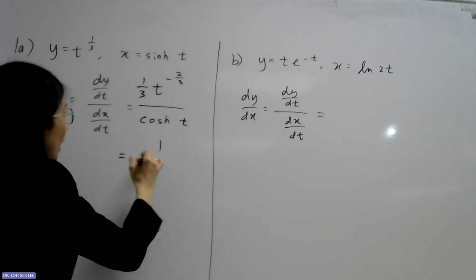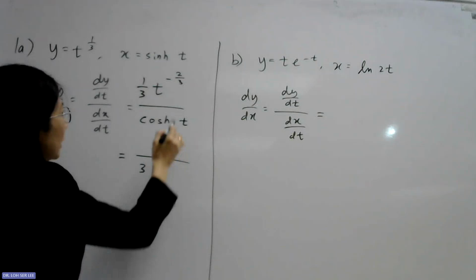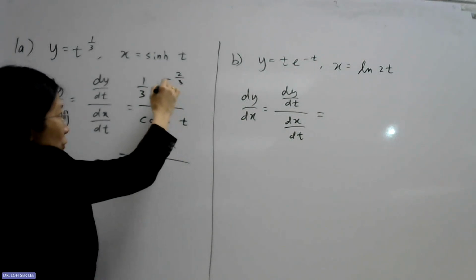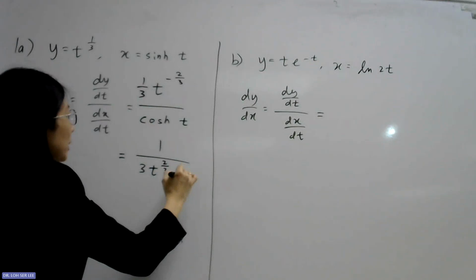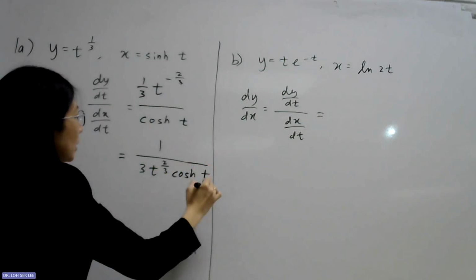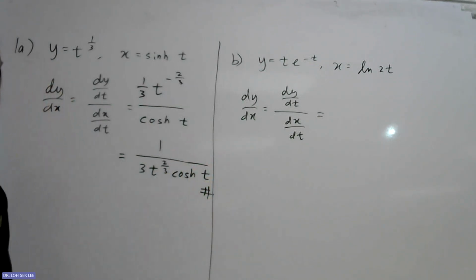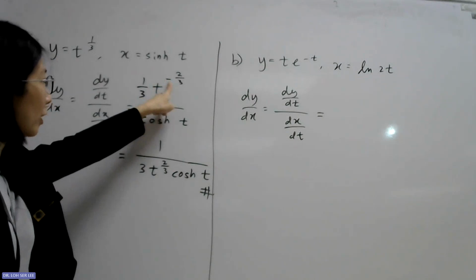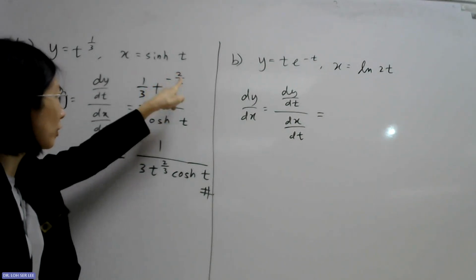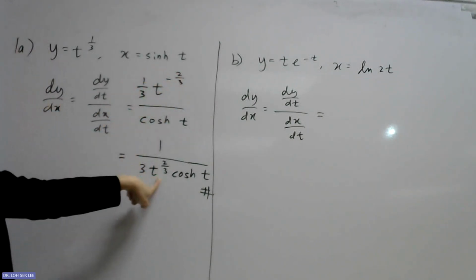Okay. 1/3 is here. This negative means the t should be here. And then hypercos t. Okay. This negative, it means the t to the power of 2/3 should be here.